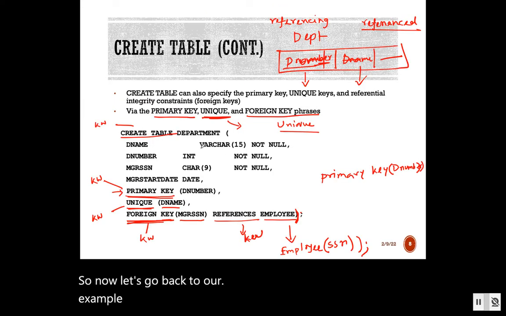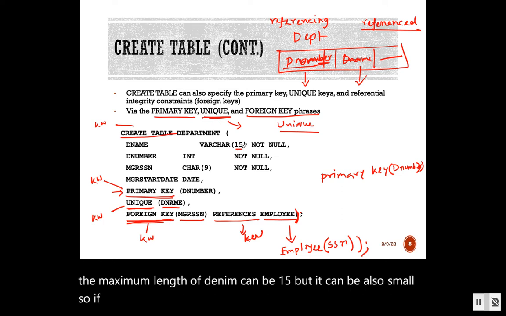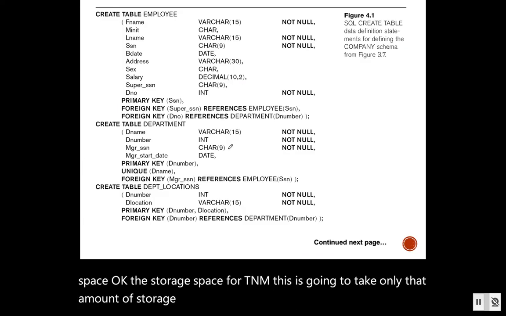For dname we are saying varchar(15), so the maximum length of dname can be 15, but it can also be smaller. If the length is small, the storage space for dname is going to take only that amount.